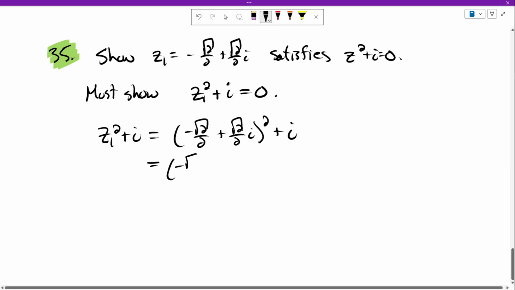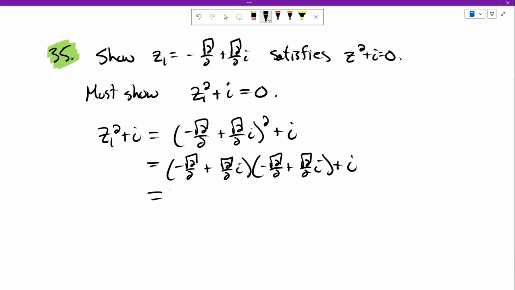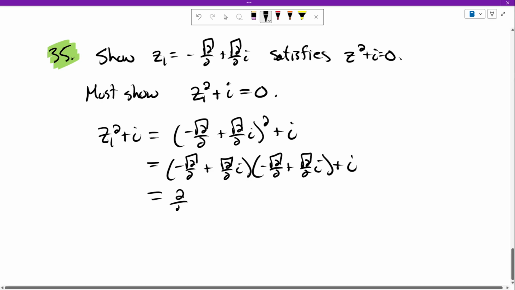Now, when you square a complex number, you are just multiplying it with itself. I'm going to put a copy next to it. And now, again, we just FOIL. So negative root 2 over 2 times negative root 2 over 2 is, let's see, root 2 squared is 2, 2 squared is 4, so we're going to get 2/4.